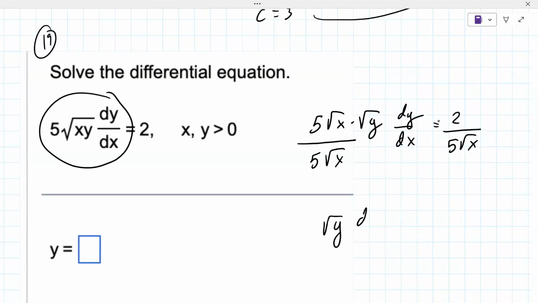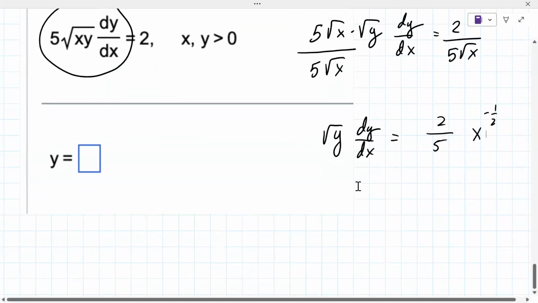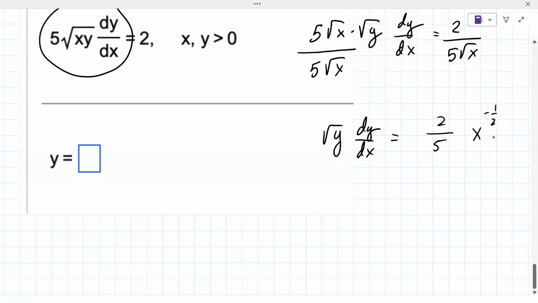So you have square root of y, dy dx equals 2/5, maybe you go like this, x to the minus 1/2 power, kind of up to you. And then you separate the dy dx, like dy is on the left, dx is on the right, separation of variables, your stuff, my stuff, or whatever analogy you want to make.